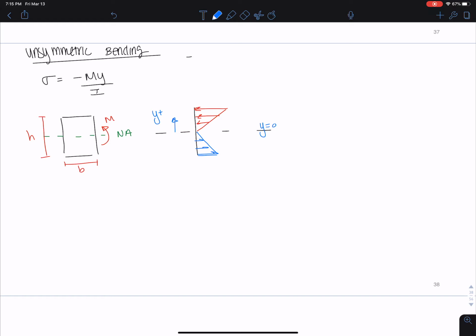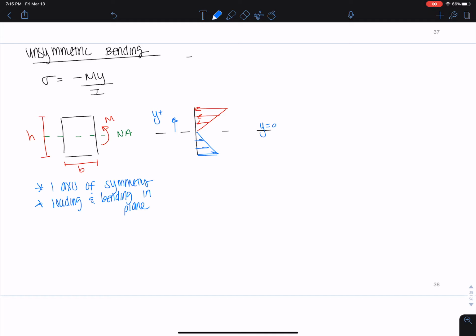Okay, I have one axis of symmetry here, and my loading and bending are happening in the same plane, right? I don't have any biaxial bending, okay? What happens when I have other conditions?